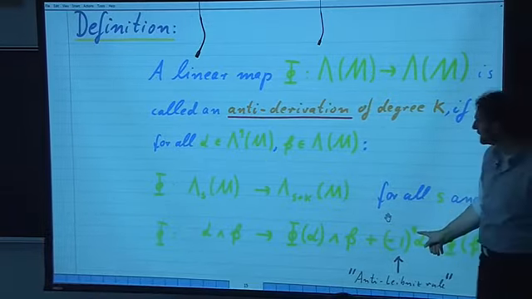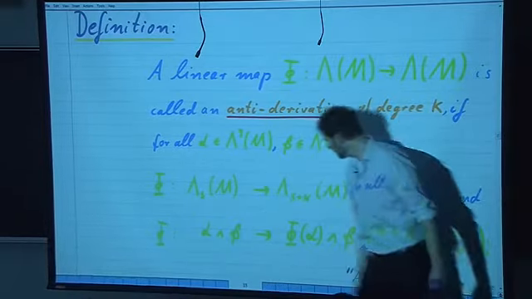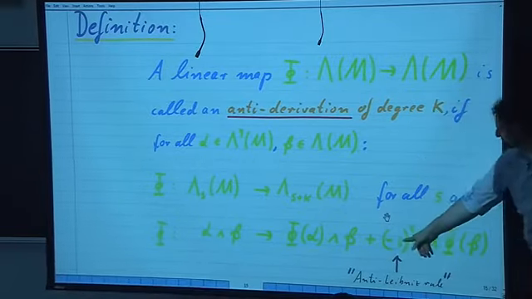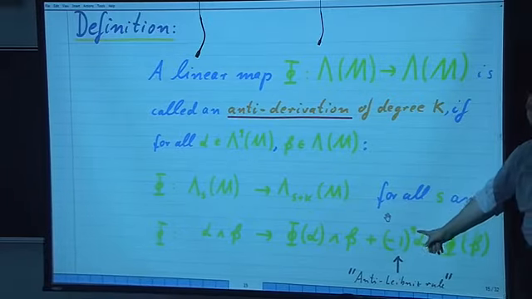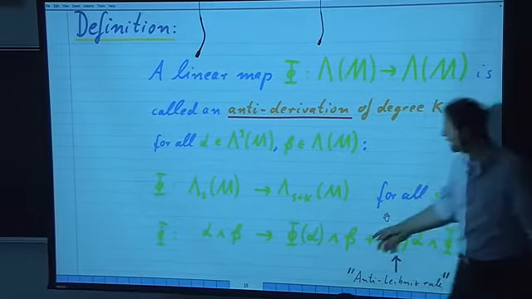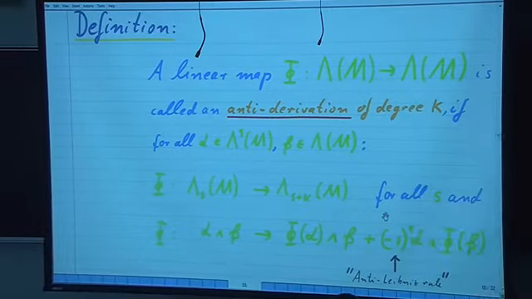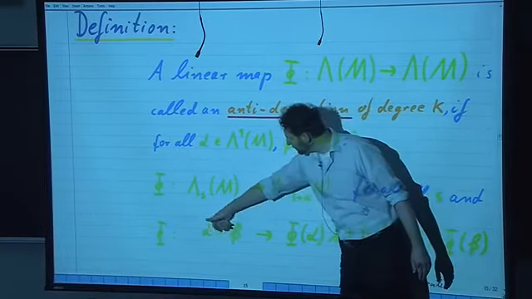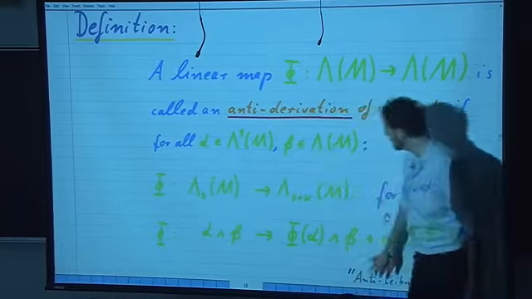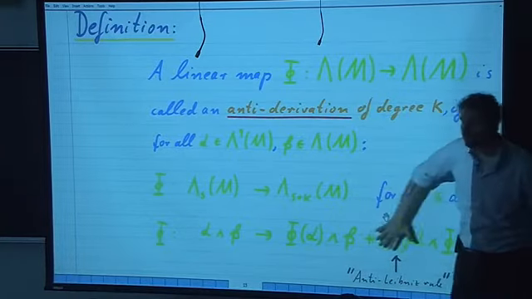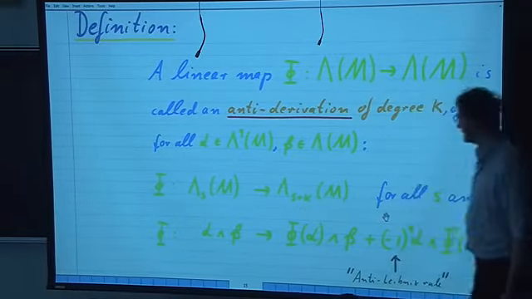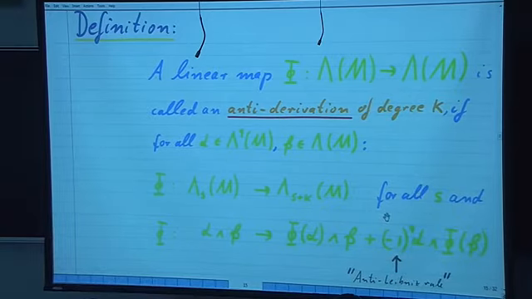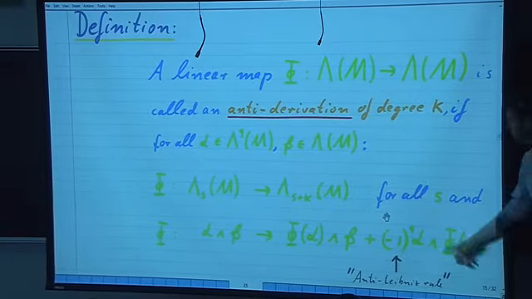So for example, if this is a 1 form, then yes, there's a minus sign because it's minus 1 to the power q. If alpha is a 2 form, then that wouldn't be so. Now, because of the anti-symmetry rules of the wedge product, this is not actually preferentially treating the first factor. So there's possibly a minus sign in there.